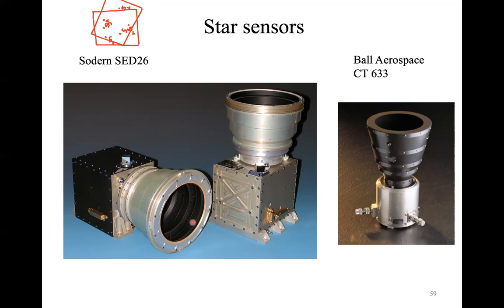You have this specific field of view, and this box includes the optics of the instrument and the electronics. So in there you have the optical lens that focus the image on a CCD, and you have also filters that enable you to only look at stars with specific spectral type properties.